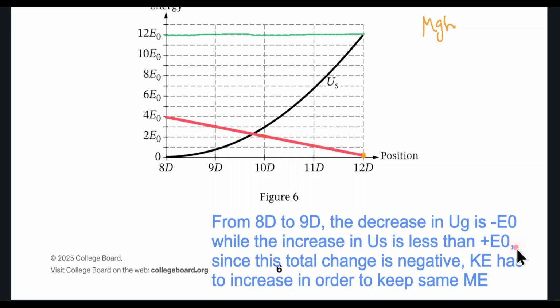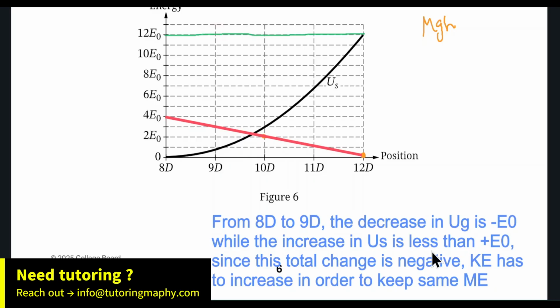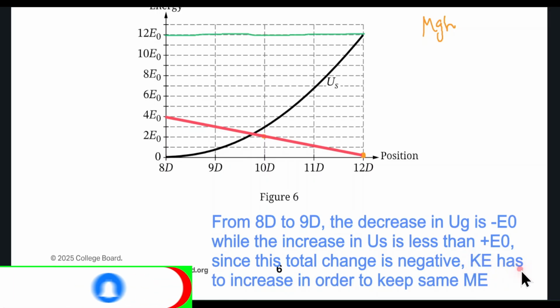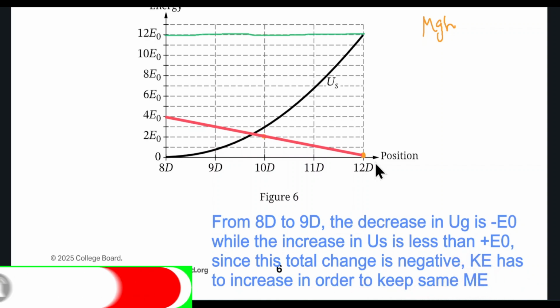So since this is less than E naught increase, and this is a decrease of negative E naught, the total change is negative. But if I want to conserve the mechanical energy, I have to add something more to it so that it again adds up to 12 E naught. So I have to add a positive number, right? In order to keep the same mechanical energy, the kinetic energy has to increase. That's how we can justify it.